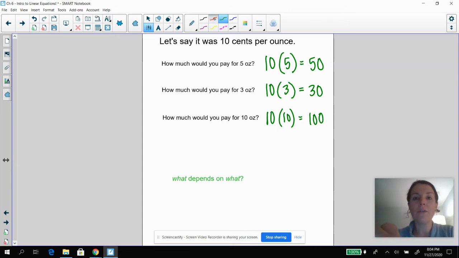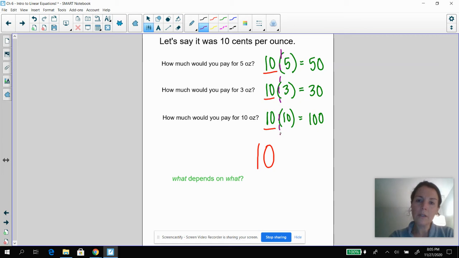So I've got a bunch of things that didn't change, right? I've got these tens in here that did not change. So if I'm thinking about like a constant value in my equation or in this relationship, I know no matter what, I'm always going to involve the number 10, right? But something here varies.